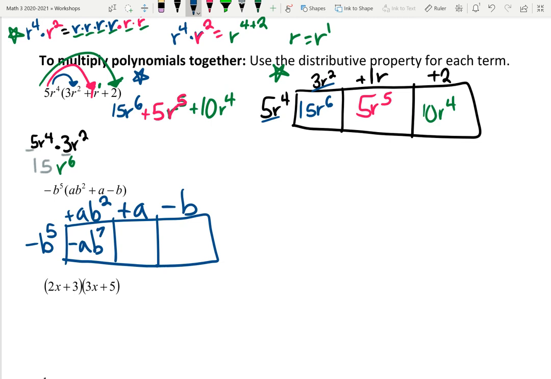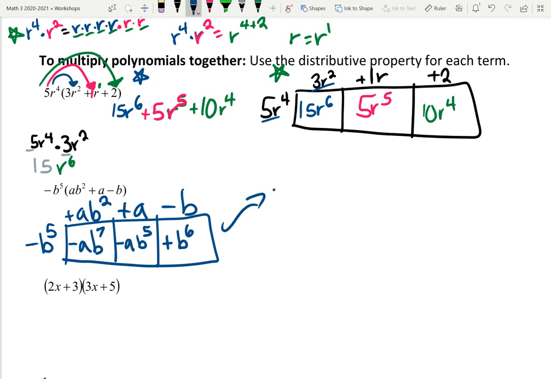7. Likewise, I'm going to repeat this again. A negative times a positive is a negative. How many a's do I have? How many b's do I have? Again, what is a negative times a negative? A positive. How many b's do I have?